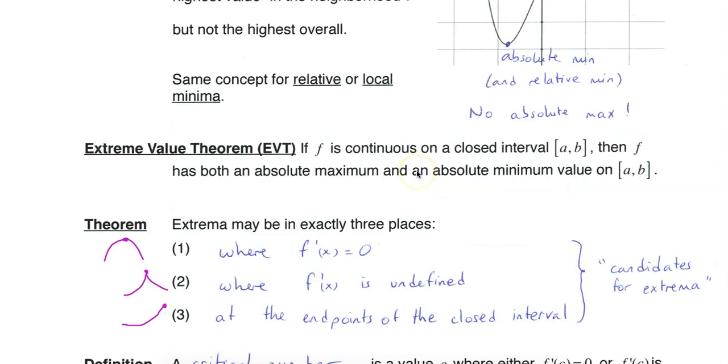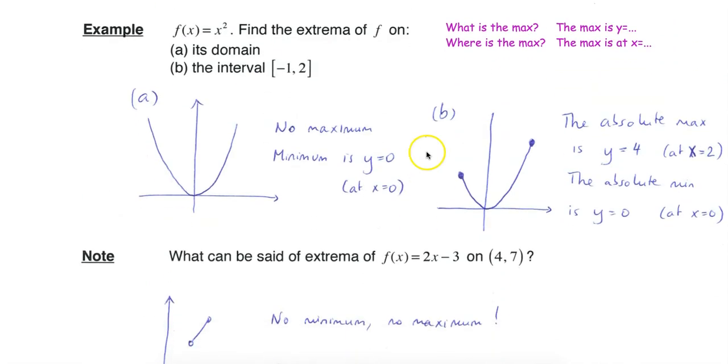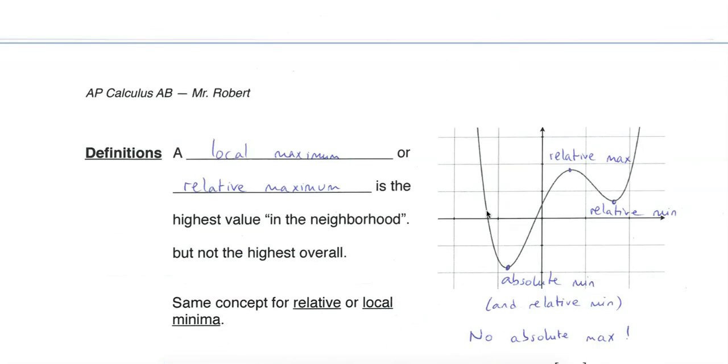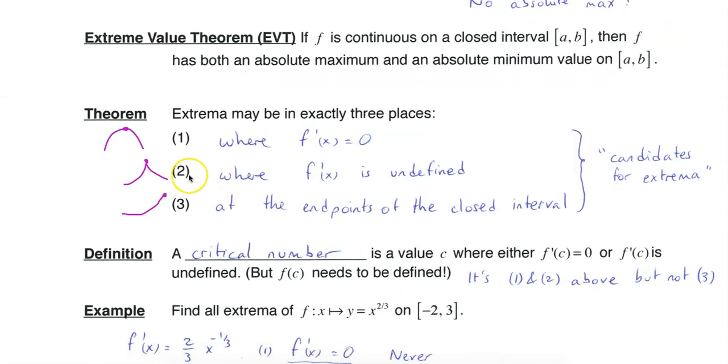So if we look at the example above, what happened is the absolute max was indeed at an endpoint. The absolute min was at a place where f prime of x was equal to 0. So in this example, there was no situation like number 2 here.